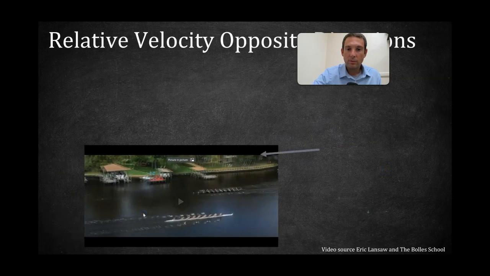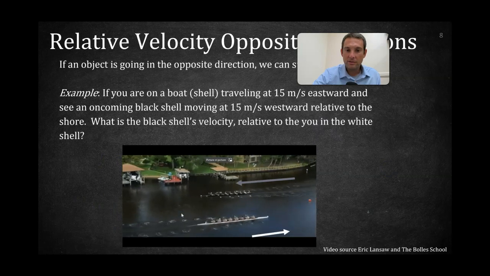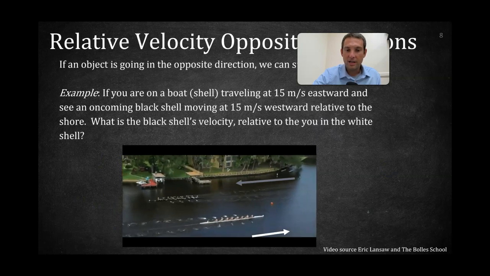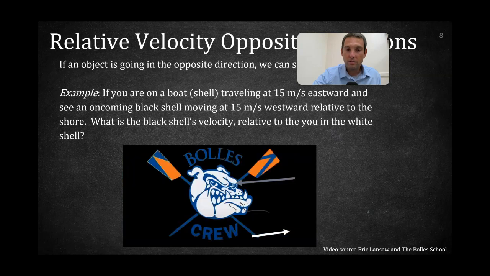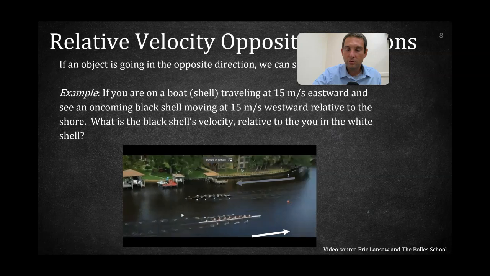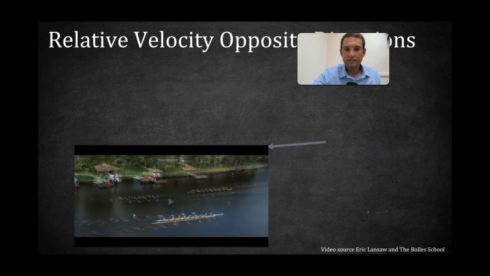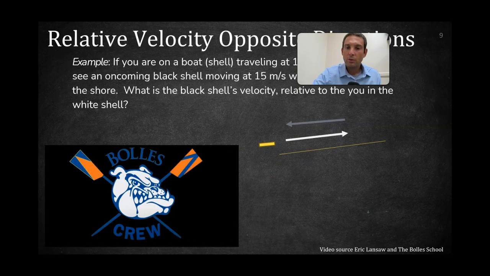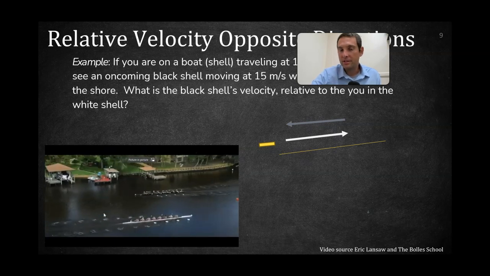So we see the vectors. We have the gray vector representing the black boat and the white shell being represented by the white vector. We are subtracting these two because they're in opposite directions.